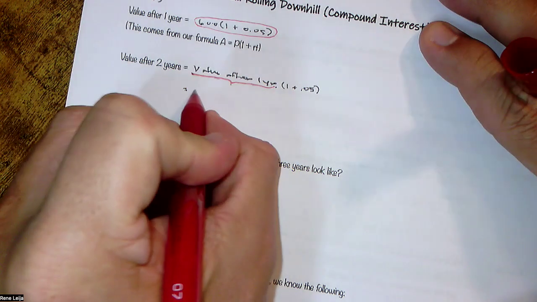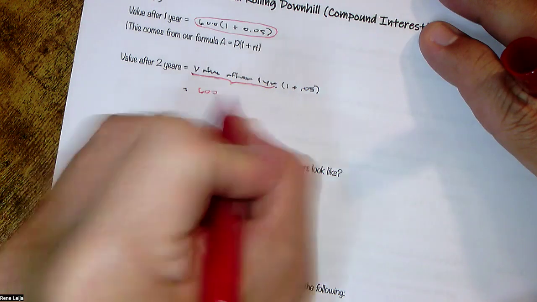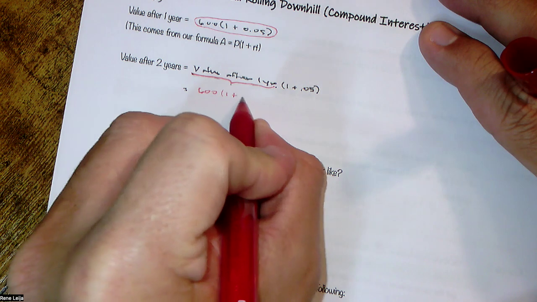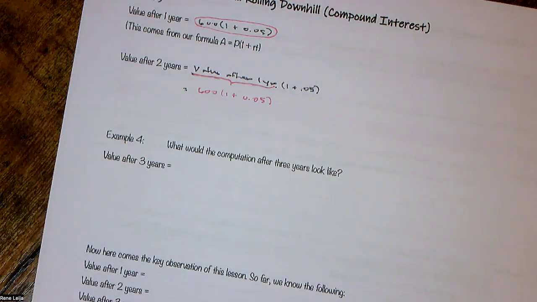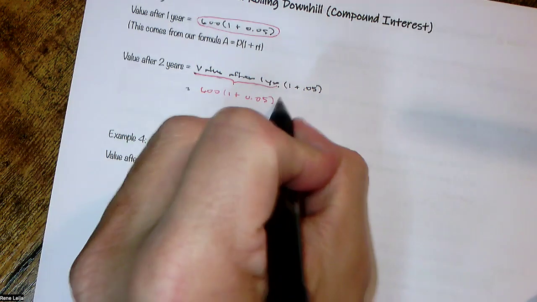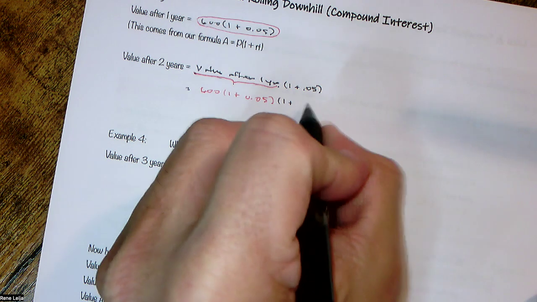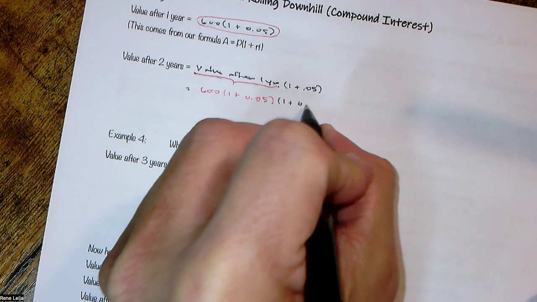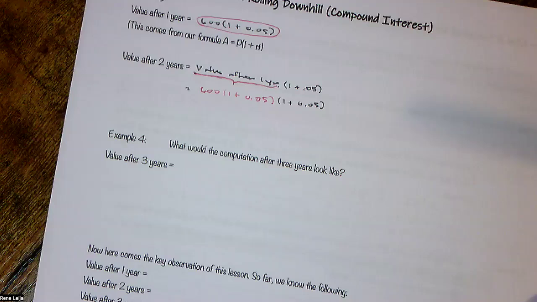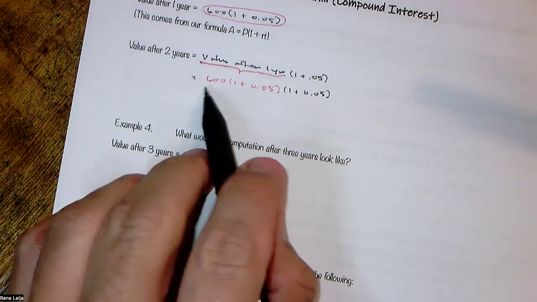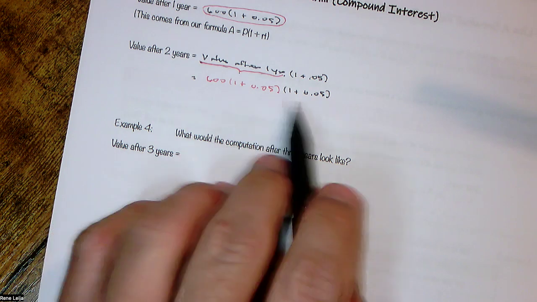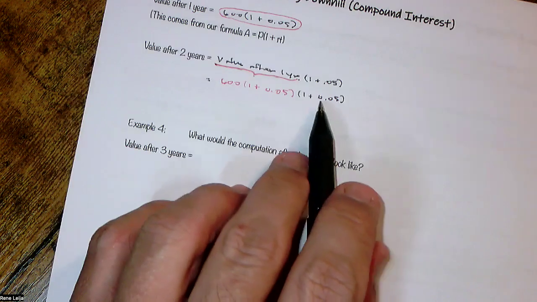Okay, so look, if I replace that with the value after the first year, I still am going to multiply that by 1 plus 0.05. Okay, well now look, I have 600 times 1 plus 0.05 times 1 plus 0.05.